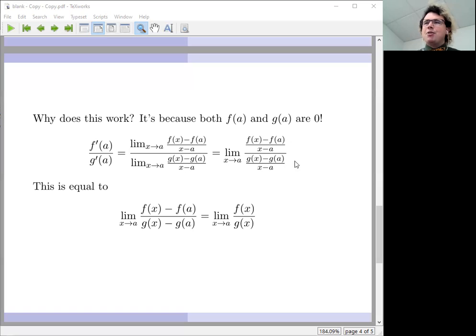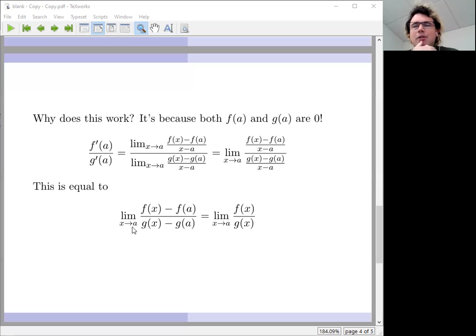And when I go to resolve my division of fractions here, I'm going to multiply the fraction on top by the reciprocal of the fraction on the bottom, which gives me the limit as x goes to a of f of x minus f of a, all over g of x minus g of a. Is that good so far?